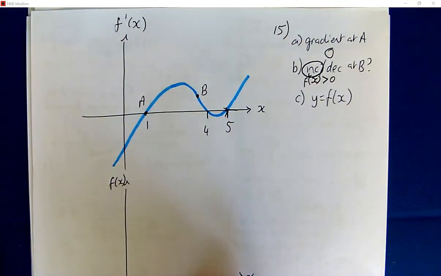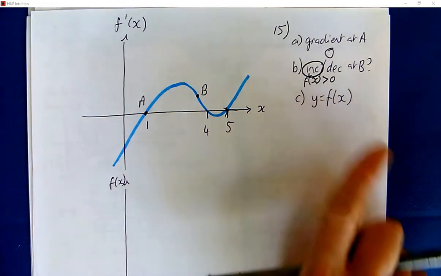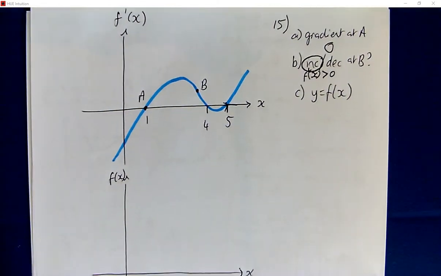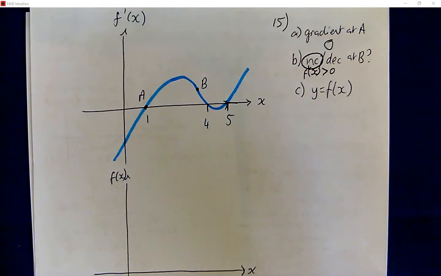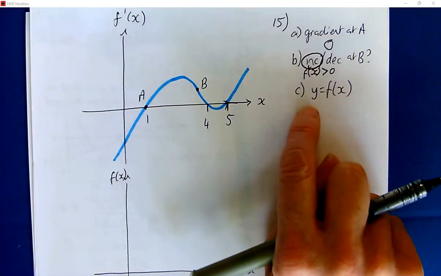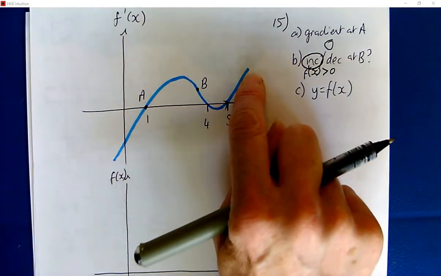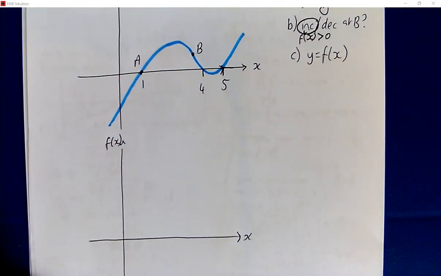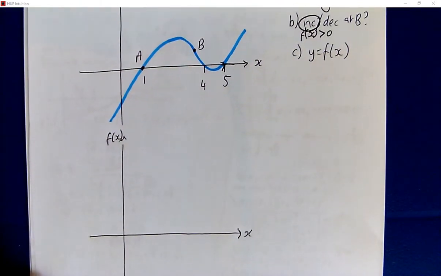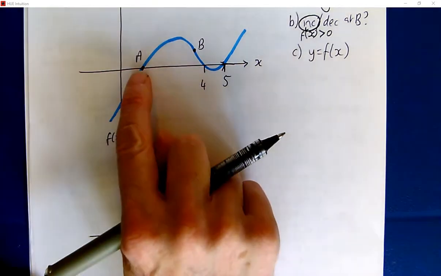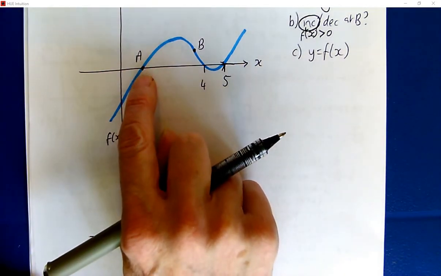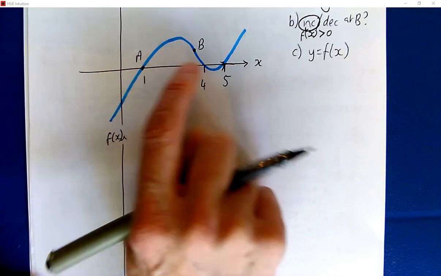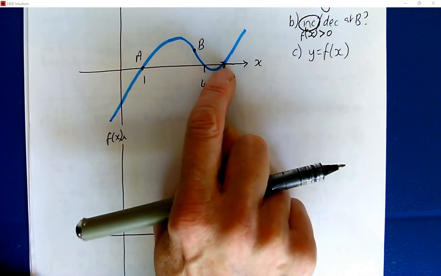Okay? And then finally, for part C, you get to do what we did at the start, which is sketch the graph of y equals f of x, the original function. This is the gradient, and we do the original function. So I wonder if you remember. We know that we're going to have turning points where the gradient is 0.